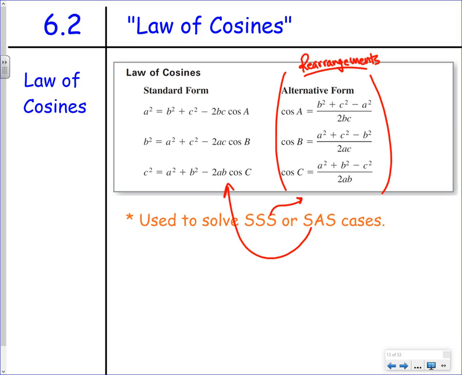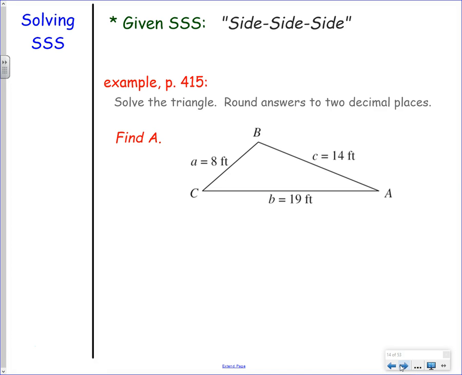We'll see if today can help. But long story short, there are the 3 standard forms and there are the 3 alternate rearrangements. Let's see how each of them are useful. What are you given? A non-right triangle. All sides, in this case, of a non-right triangle.